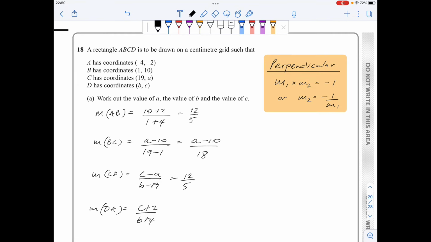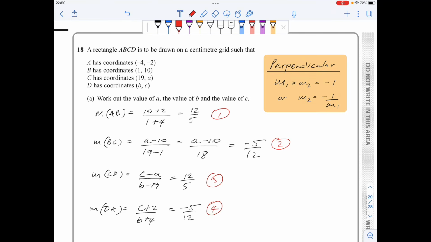So the gradient of BC and DA is the reciprocal of 12 over 5 with the reversed sign. So this will give me minus 5 over 12. Now let's label these gradients. I've got 1, 2, 3, and 4.